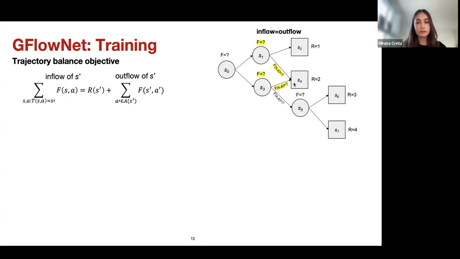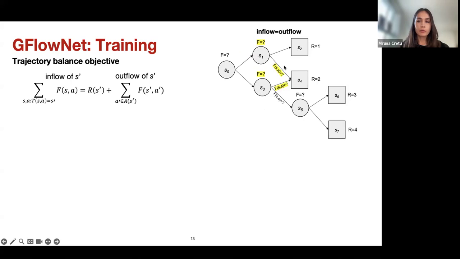Now, how are GFlowNets trained? Again, we go back to this constraint of flow matching, which takes the form of inflow into a state equals outflow. So to concretize the intuition there, I'm showing this toy example with a directed acyclic graph where we start from an initial state and we transition through various states to get to terminal states, to which we assign a reward.